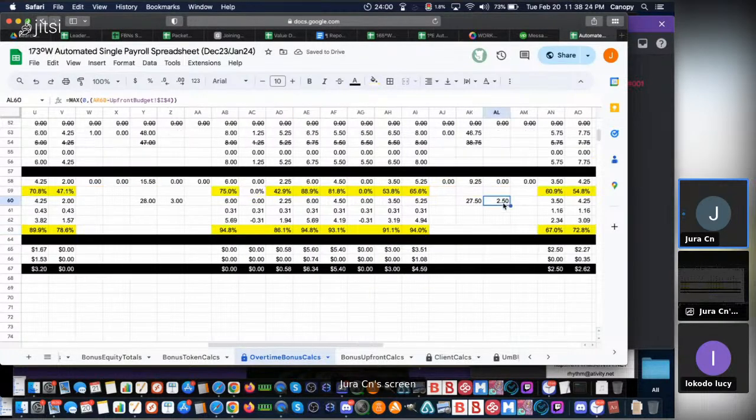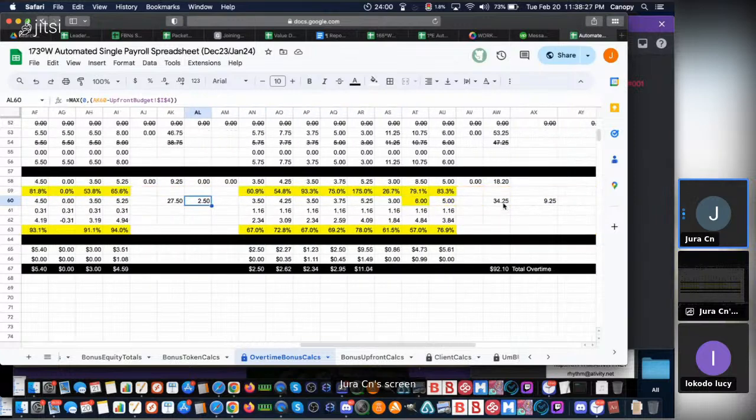And this one you were 2.5 hours over. And then here you're 9 hours over. So you can see here it actually goes down a lot more, where you're only getting like 60%, 70% of your total overtime because you worked 9 hours over your max overtime. Does that make sense?